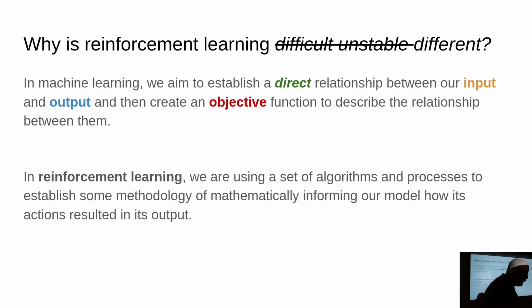That doesn't work in reinforcement learning. Specifically, reinforcement learning is a set of processes, algorithms, and techniques to model situations and agents to get around situations where that's not true. A good example, and we will go into more examples later, is a robot that pitches a baseball to a batter, right?